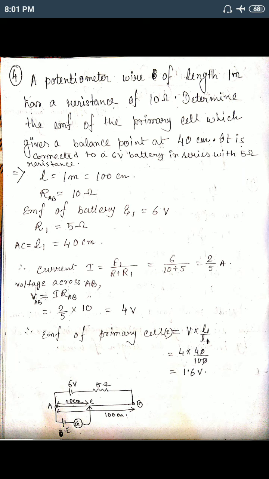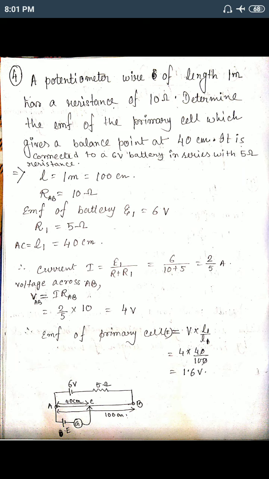I hope it is clear to you why we write V into L1 by L. It is very simple. When AB, that is a 100 centimeter wire, its potential or voltage is 4 volt. So for 1 centimeter, 4 by 100. For 40 centimeter, 4 by 100 into 40. That's why I will write V into L1 by L, that is equal to 1.6 volt.